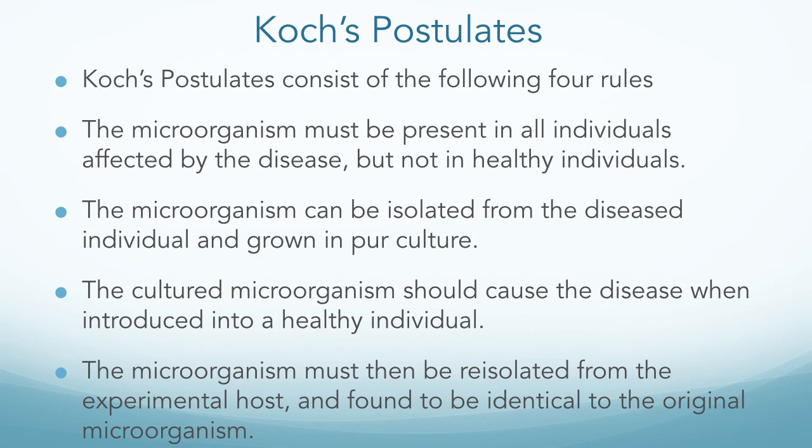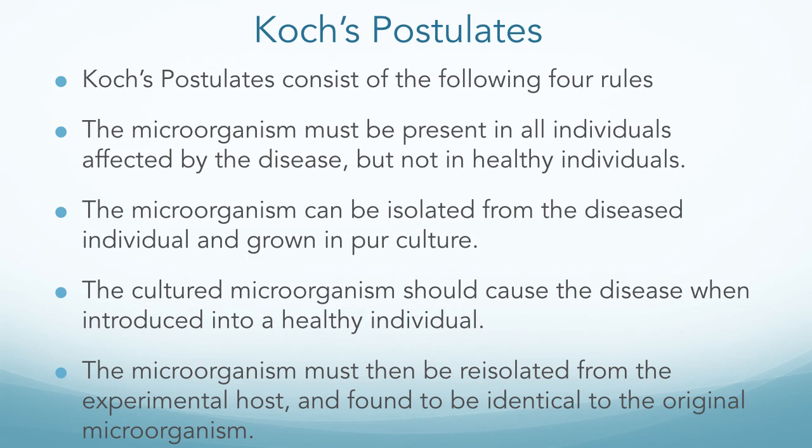The organism that is grown in the laboratory, when it is injected into another healthy animal, should also cause the same disease. And the fourth important rule is that the microorganism must be re-isolated from the experimental host and found to be identical to the original organism.